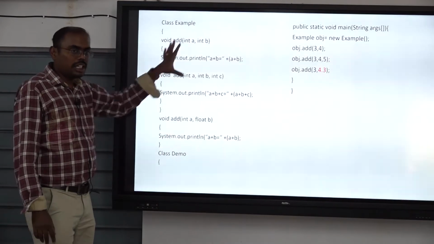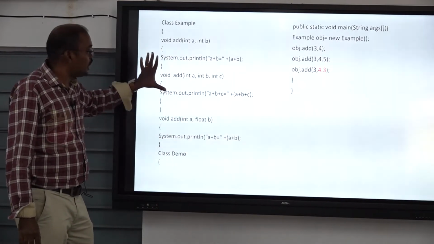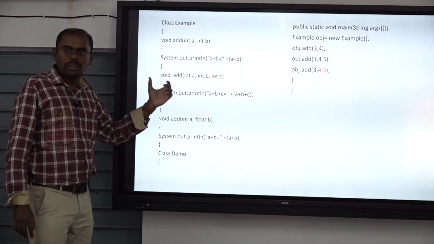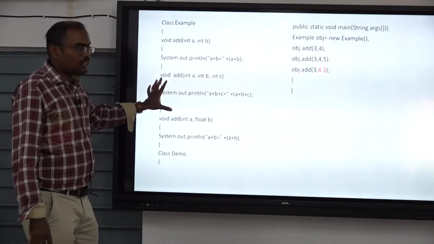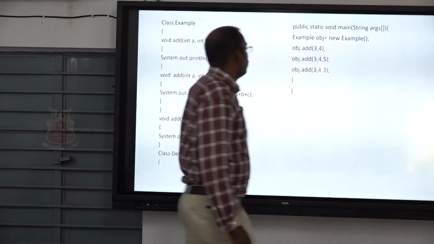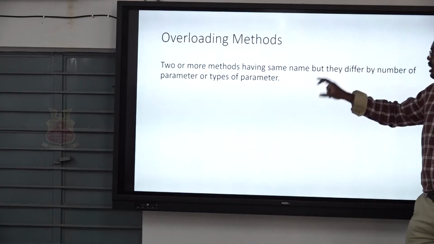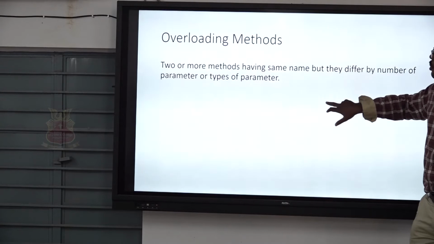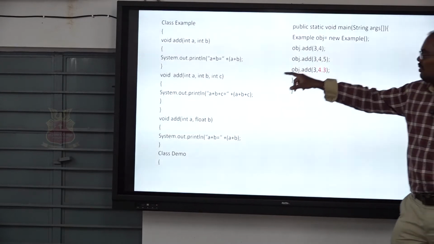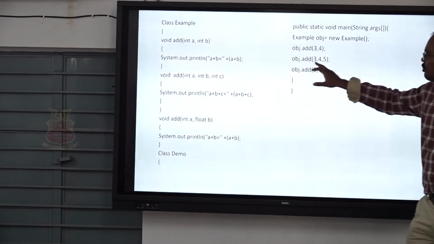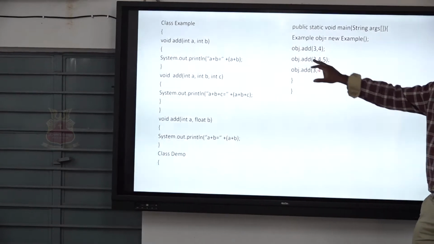Three versions of the same function, but they differ by number of parameters and types of parameters. Whenever we call the method, the correct version of the program is called automatically.